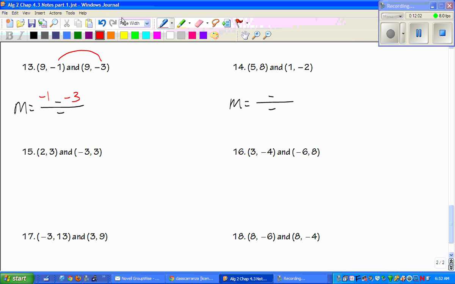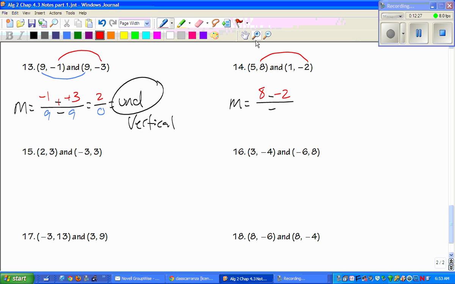So negative 1 and negative 3. 9 minus 9. Ooh, same numbers. It's going to be a special case. Which one is it going to be? So we get 2 on the top. 9 minus 9 is 0. Oh. Okay. Undefined, which means it's a vertical line.